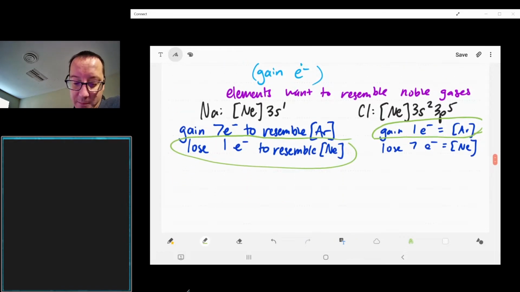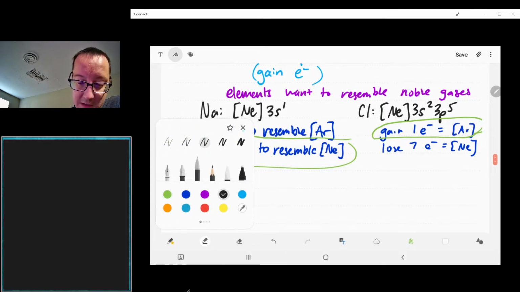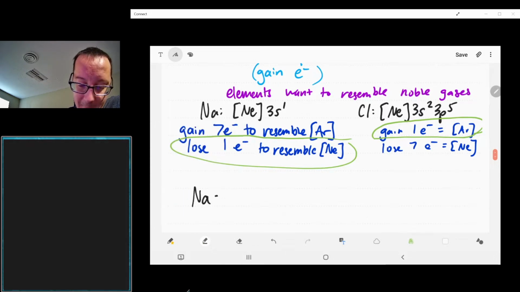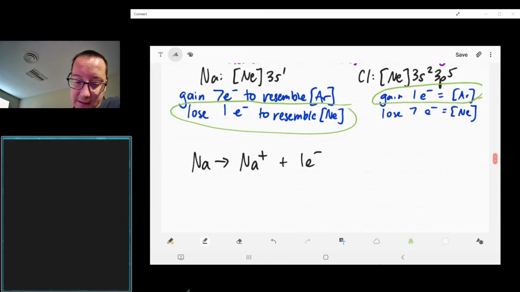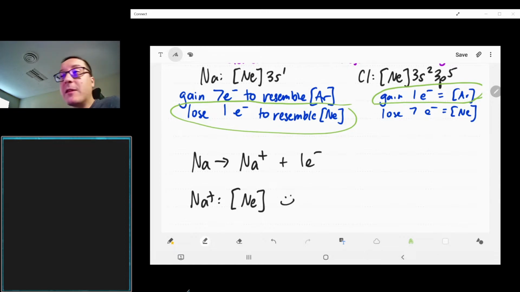All right, if we think about it, when sodium loses its 1 electron, it's going to become a positive ion, right? And the sodium ion's electron configuration is exactly the same as neon's. And this is a very happy thing. Sodium likes this. All the elements like this, in fact.